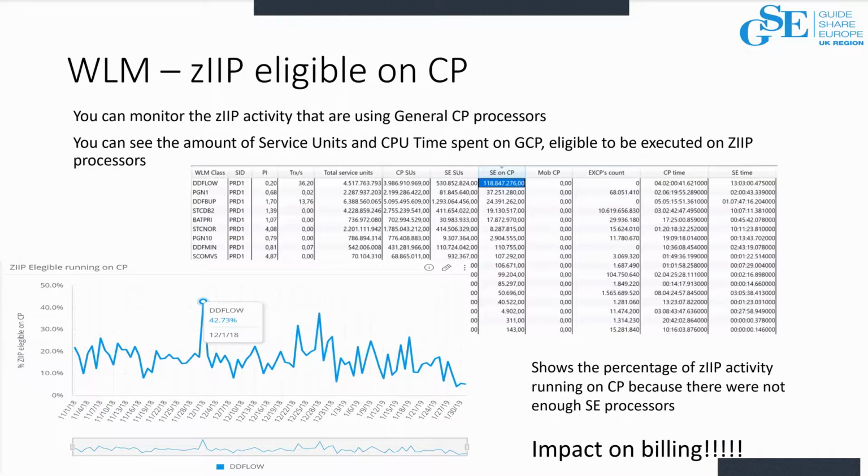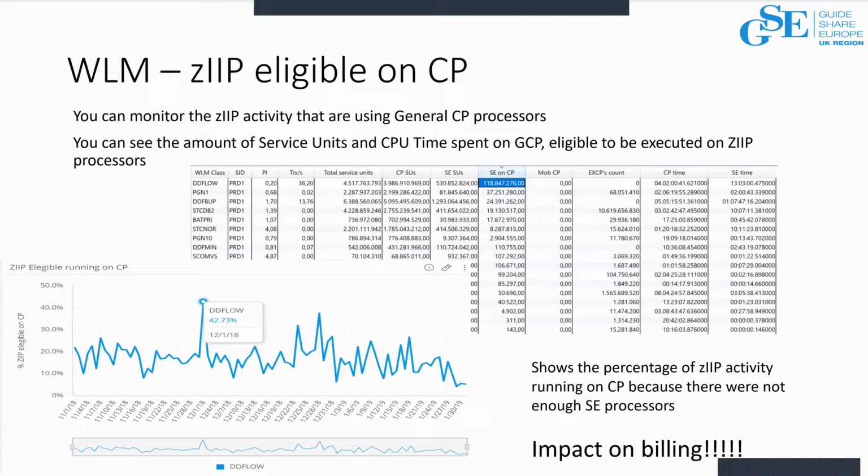And this is the part I mentioned when I started to talk about WLM KPIs, the zIIP eligible processes running on CP. For the workloads that can run on zIIP but there is no room to execute, they are automatically sent to the general processors to be executed.